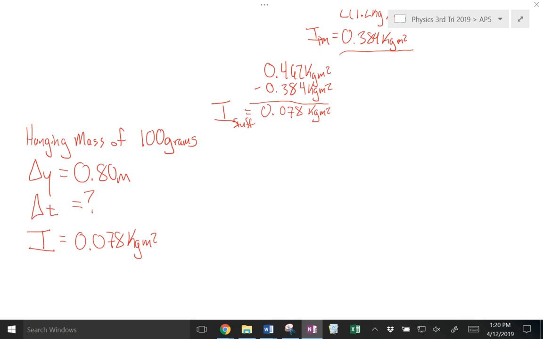If you really wanted to use it, you can technically program it. Give me wires. Okay, wires. So now the new moment of inertia is 0.078.